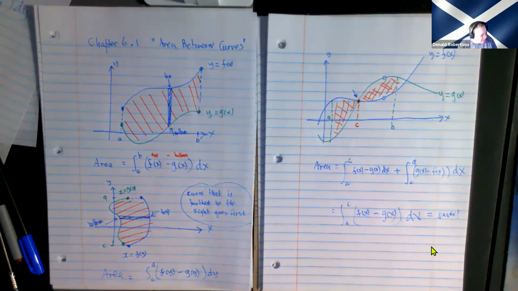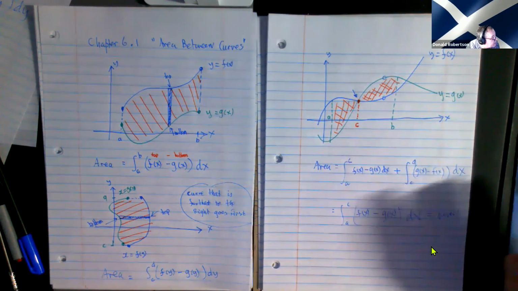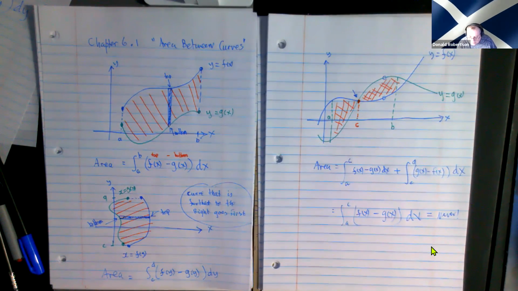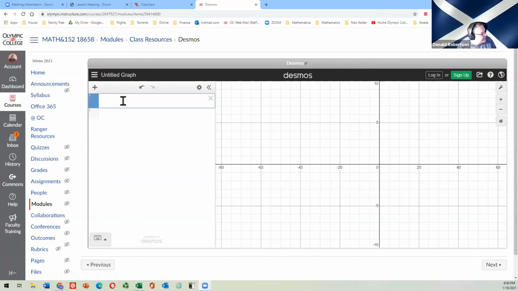Okay. So I'm going to try and put together a quick example of Desmos helping us to do a crossover question. While I'm getting myself organized, you want to say hi, so you can get your attendance for today.